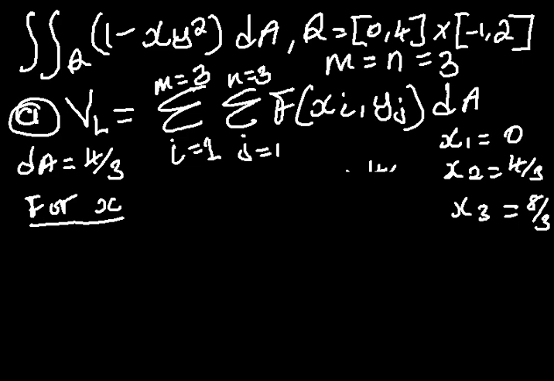Then I wish to have the sample points for y. One thing with the left lower corners is that if you think of having x4, then you'll be at 4, just a single step after.